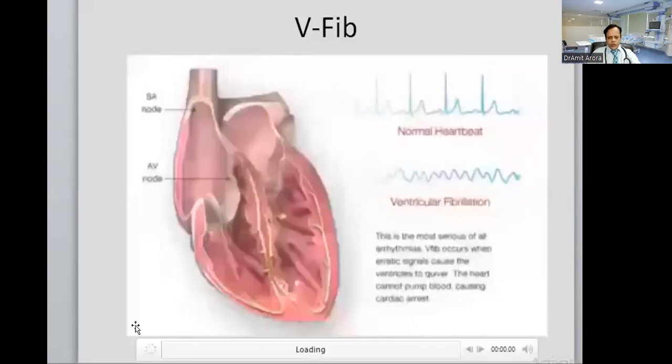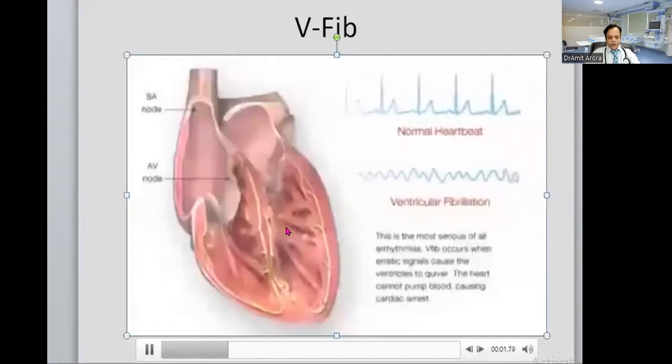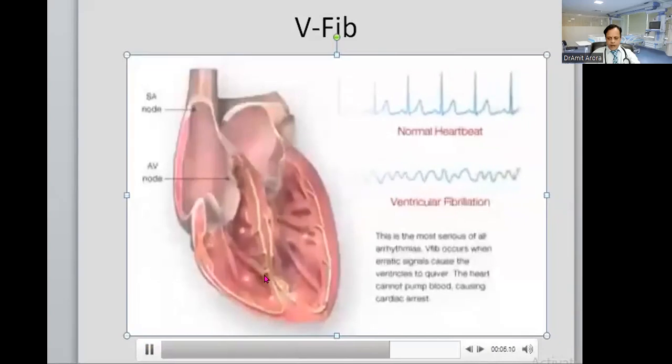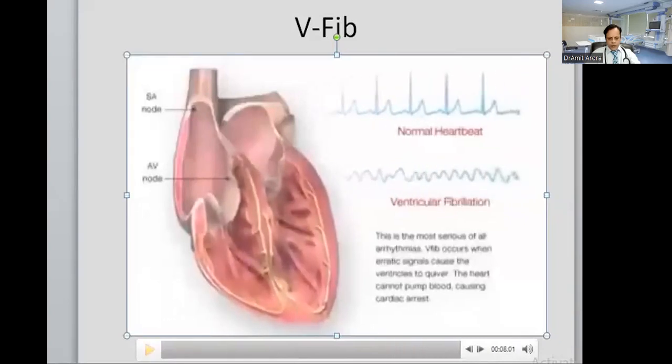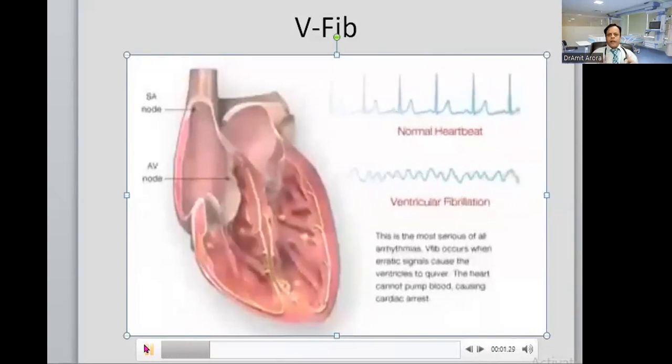Now look at this video carefully and put your attention over this part. You will see multiple foci firing like small bulbs. You can appreciate it very well. Now see, a lot of foci are firing, so there will be no net depolarization of the ventricle.